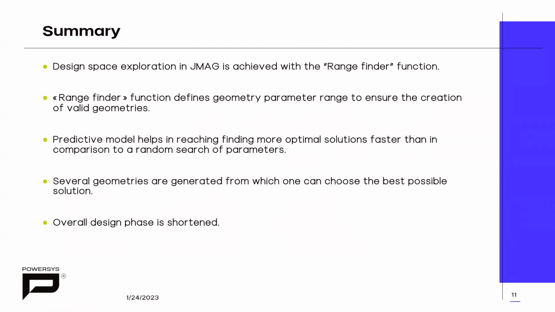So, summary: yes, we have achieved some exploration of design space with Rangefinder. We ensure that we've got some valid geometry. We also use the predictive model to get an optimal solution faster compared to the random search, okay?